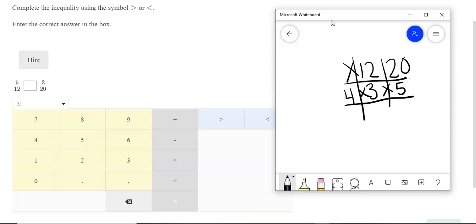Let's multiply these together and figure out what our denominator is going to be. 4 times 3 is 12, and 12 times 5 is 60, so we're going to get 60 as our denominator.